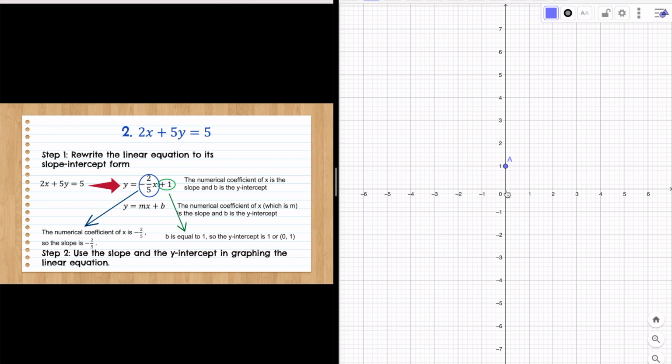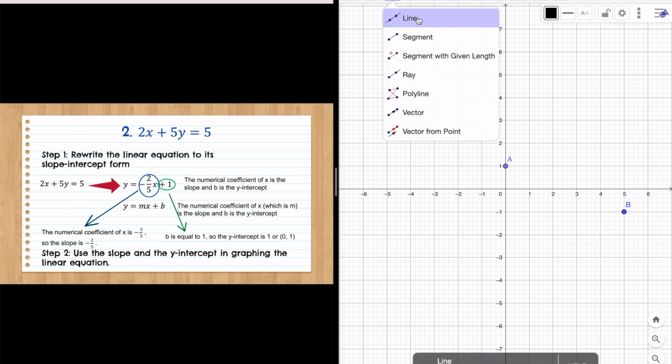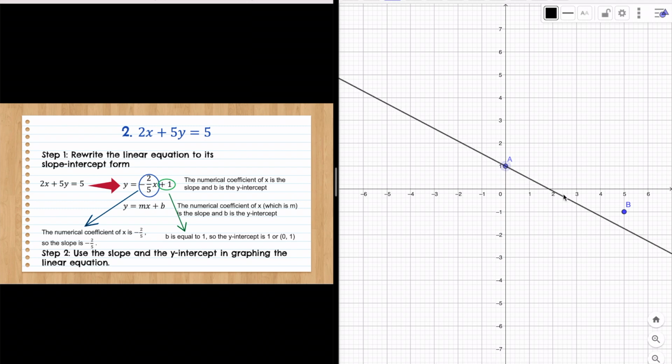So, dalawang units, and then kakanan ng 5. 1, 2, 3, 4, 5. So, yung second point mo ay nasa 5, negative 1. And then connect these 2 points. And then you have your graph for 2x plus 5y is equal to 5.